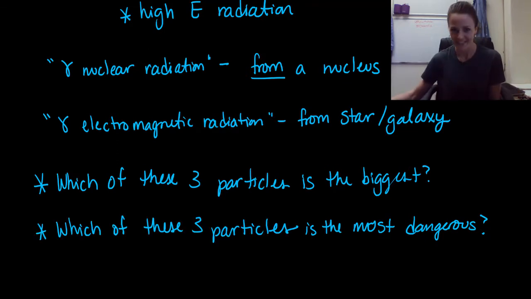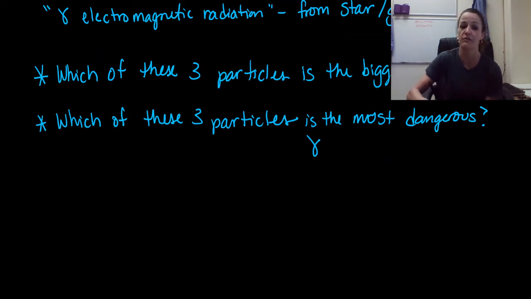Go. All right, did you get an answer? Hopefully you did, because I just said it. If you didn't, make sure you take better notes in the future, okay? Which of these 3 particles is the biggest? That's definitely your alpha particle. Which one is the most dangerous? Definitely your gamma particle. You do not want to be anywhere near gamma particles if you can avoid it.